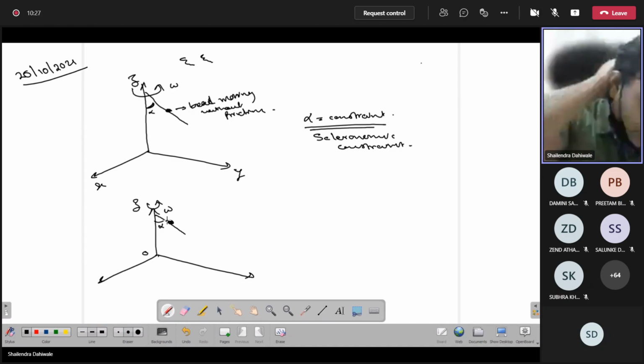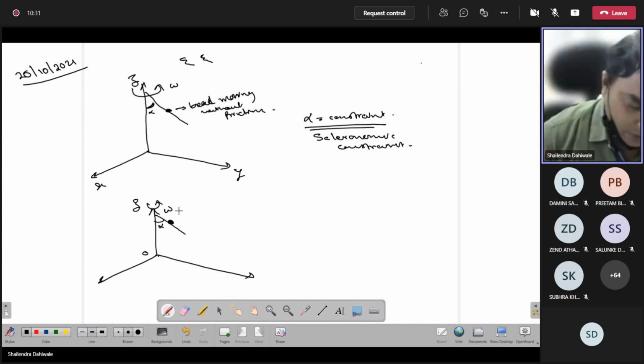If at any instant of time I want to get the coordinates or identify the position of this, I can take the projection. This angle I can take as theta, and I can get the positions.